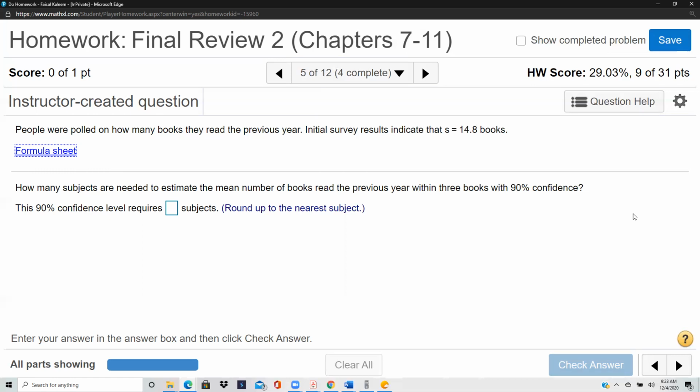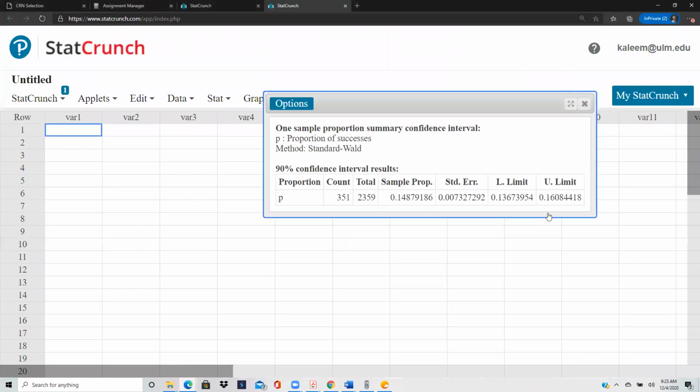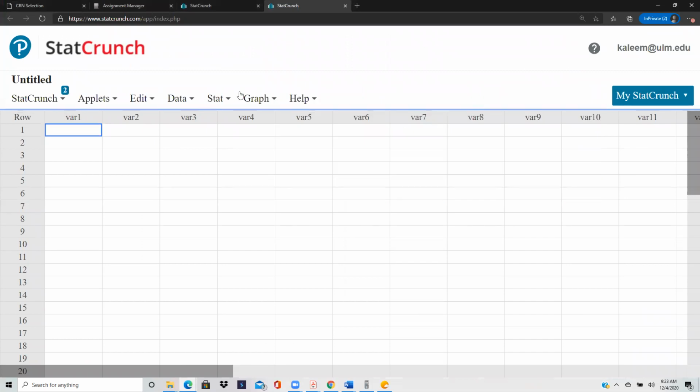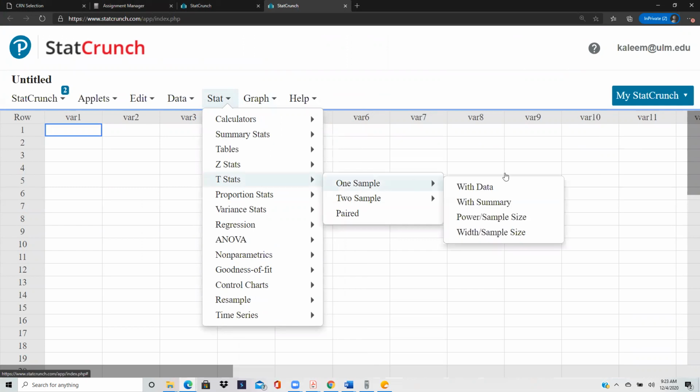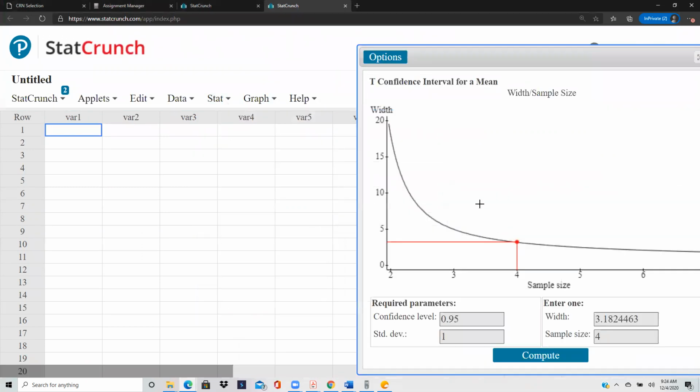Sometimes. Width? Yeah, and with sample size, because look, they're asking for sample size, how many subjects. So this is one of those few problems where you have to use the one sample width and sample size. So t-stats, one sample, and width sample size.